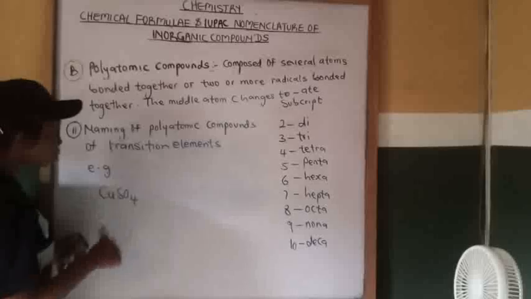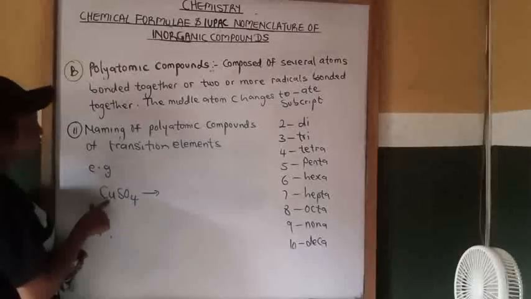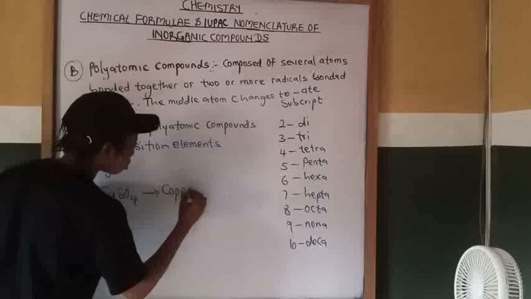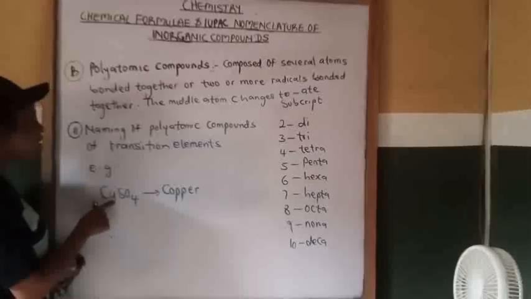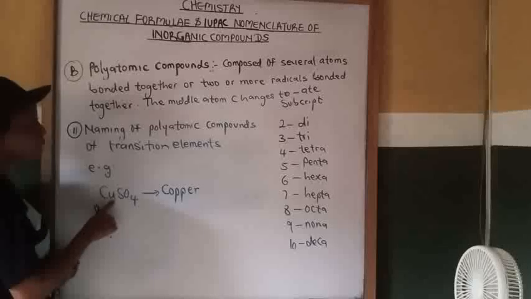Now let's name this compound. Cu is the chemical symbol for copper.